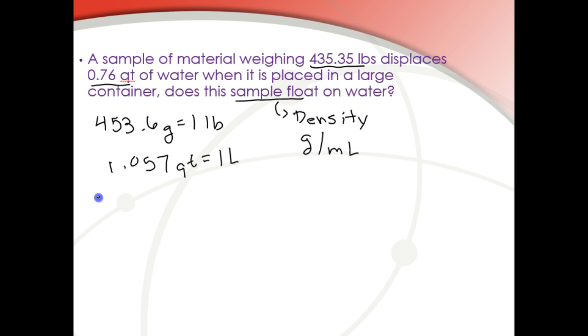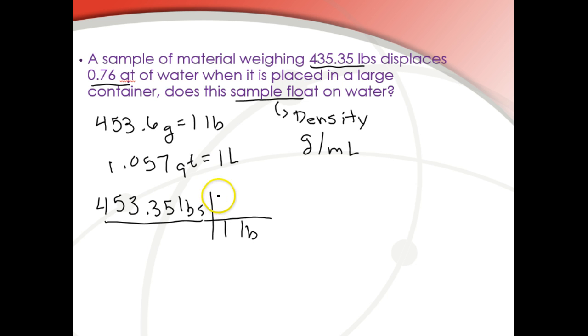So we have 453.35 pounds, and in 1 pound there's 453.6 grams. So we can get our mass there.